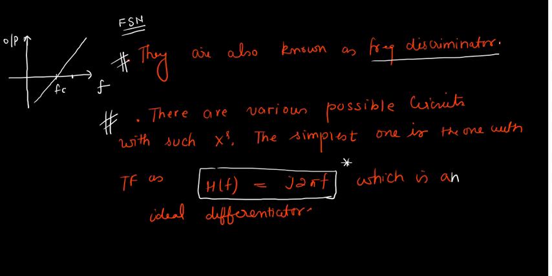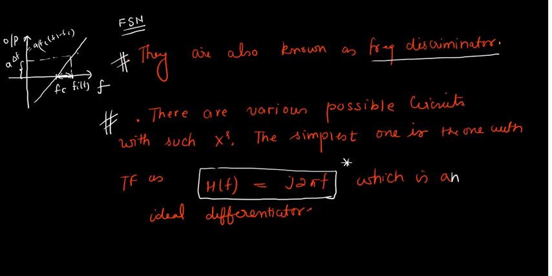And here you see that the output is directly proportional to the frequency deviation, because if this is the instantaneous frequency, this is the frequency deviation. So, if the slope is A, it is A times delta f, or A times (f_i(t) minus f_c).